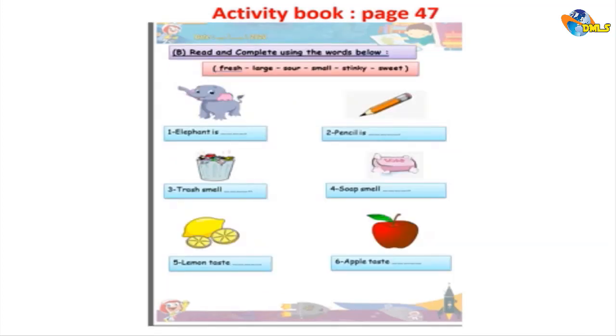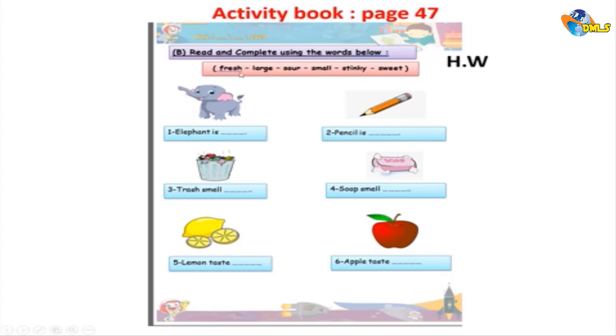Next page, please, page 47 in your activity book. Okay, question B. Read and complete using the words below. You will answer it as homework. I will help you by answering number 1.